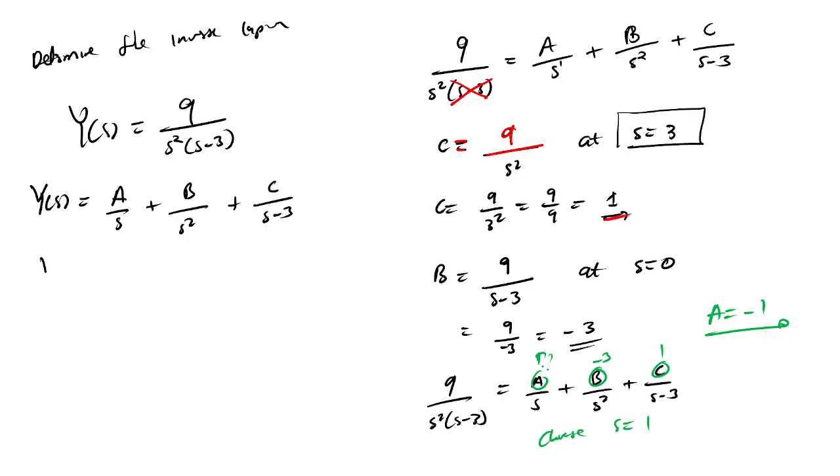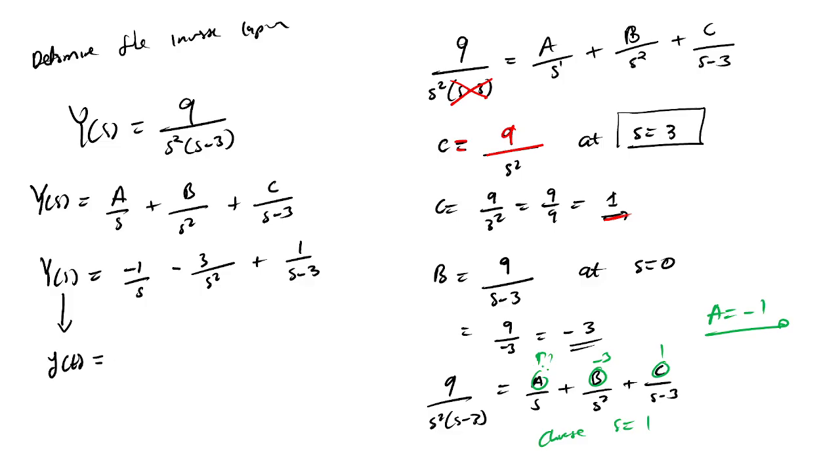We have calculated the value of A, B, and C. The value of A we said is minus 1 over s, the value of B is negative 3 over s squared, and the value of C is 1 plus 1 over s minus 3. So we need to get the inverse. The inverse of Y of s is y of t.